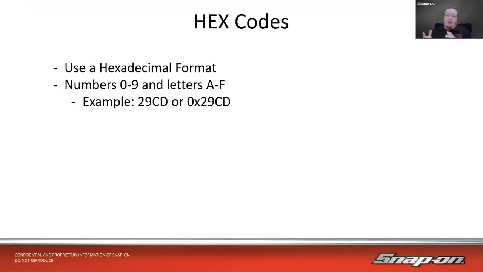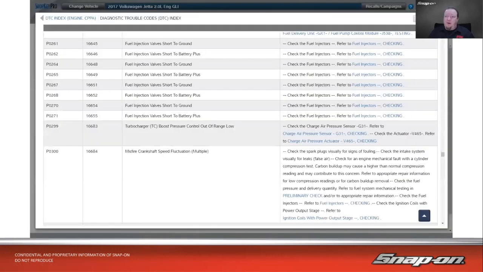So 0 to 9 and A through F are what's going to traditionally be used in these codes. So you're not going to see anything more than F, because F is 16. So 0 through 9, and then A through F gets us 16 bits. So that's hexadecimal. For example, on a BMW, you might find a 29CD or a 0x29CD, which would be a hexadecimal type code.